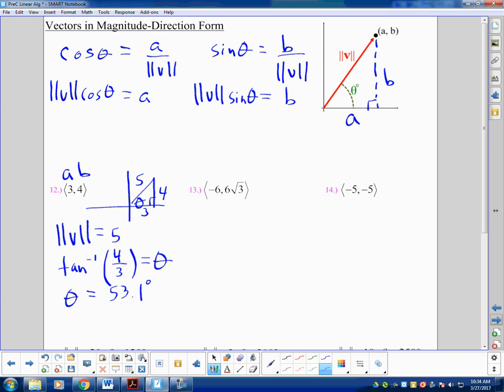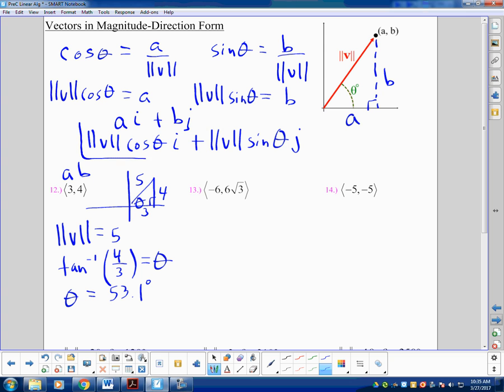So this one is not on the unit circle. Going back up here, I got a little bit ahead of myself. It should be Ai plus Bj. There's i plus j form. This becomes norm of V, or magnitude of V, cosine of theta i plus magnitude of V sine of theta j. So this is the form we're trying to change this vector into.